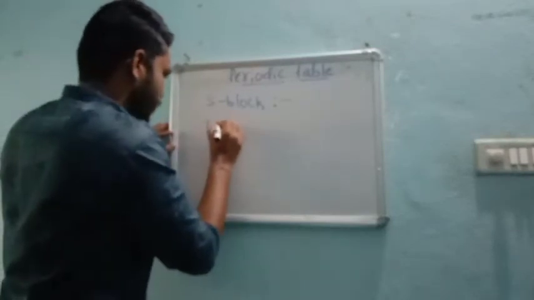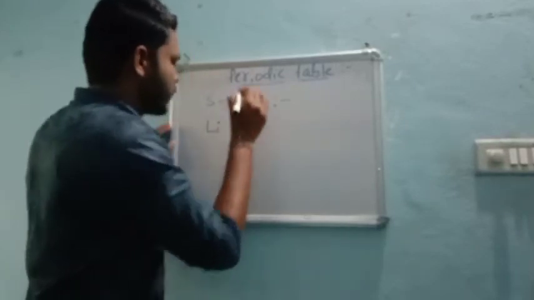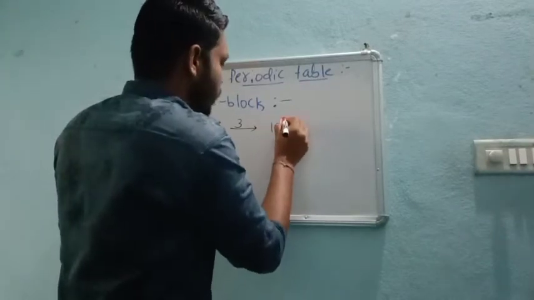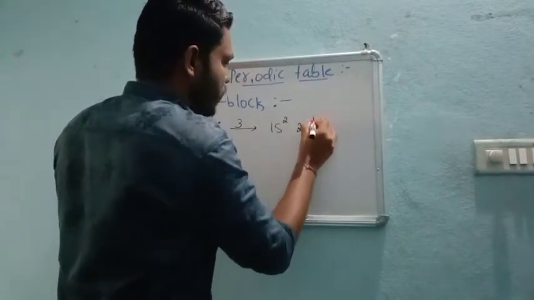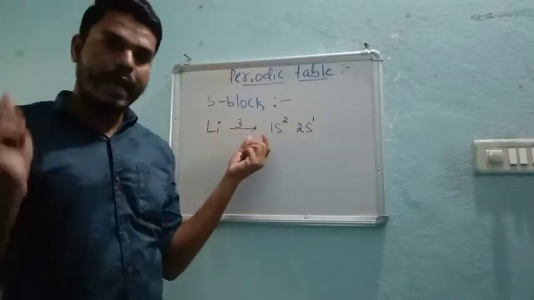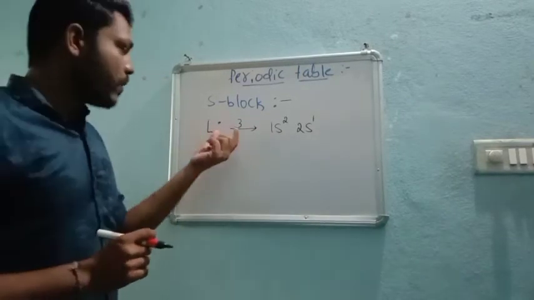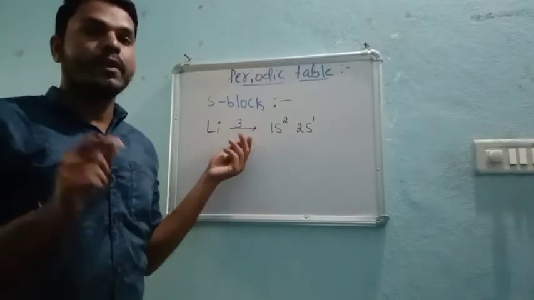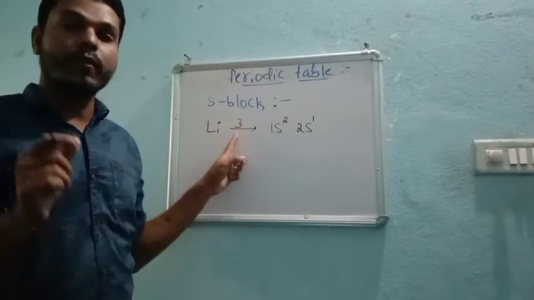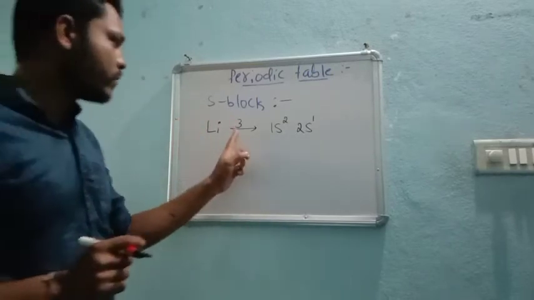So we will take the example of lithium, whose atomic number is 3, and if I write the electronic configuration, 1s2, 2s1, right? See here, in the last video, during the electronic filling rule, what I said is that while writing the electronic configuration, we have to consider most importantly how many electrons we have with our element. In this particular lithium, we have 3 electrons.